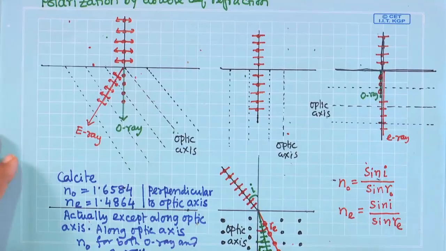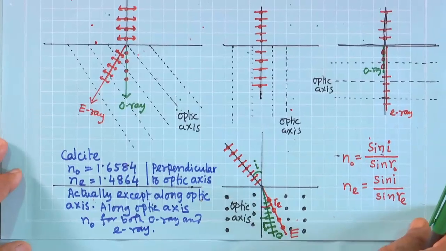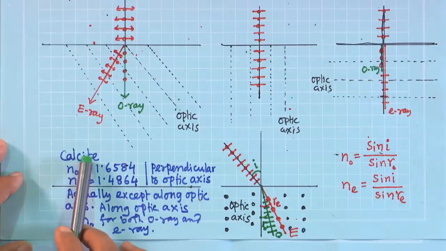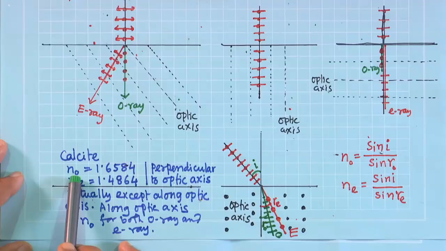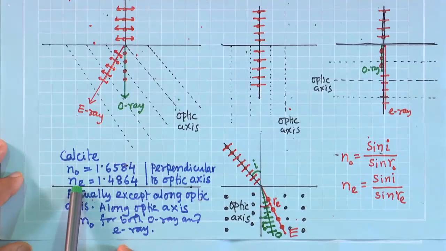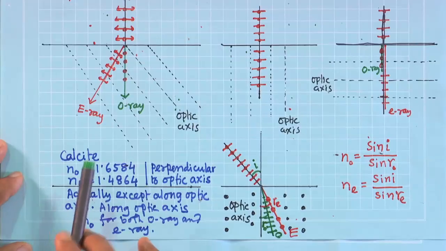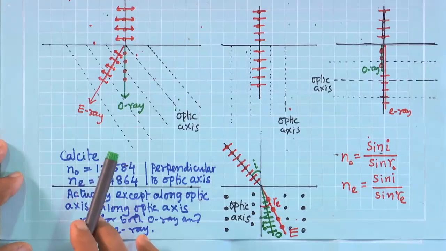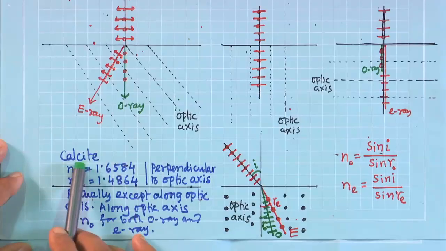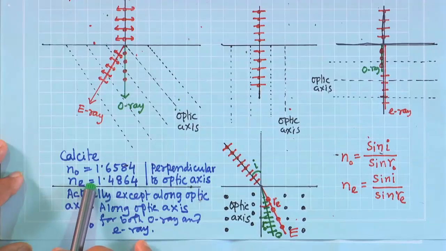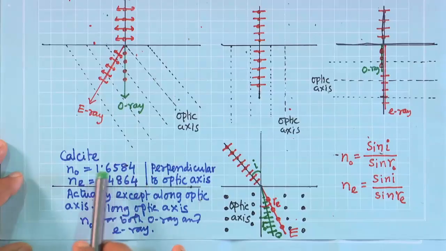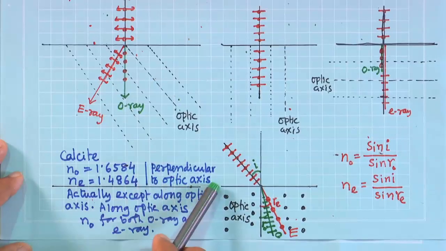So, what is the property of calcite crystal? For calcite crystal, the refractive index for the O ray is greater than the refractive index of the E ray, right. Since along the optics axis the O ray and E ray are the same, their refractive index and velocity are the same, whatever we are talking about here is perpendicular to the optics axis.